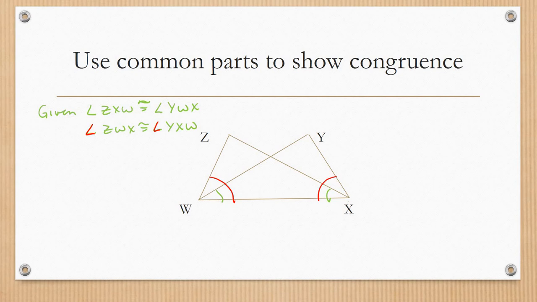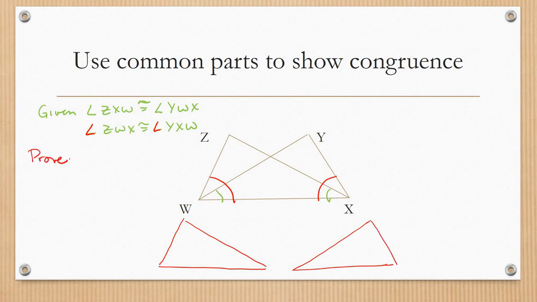All right, let's again take our drawing and do it into two parts. So I'm going to take ZWX outside, and I'm going to take YWX and bring it out. What I want to prove in this one, I should have written that down first, is that ZW is congruent to YX.